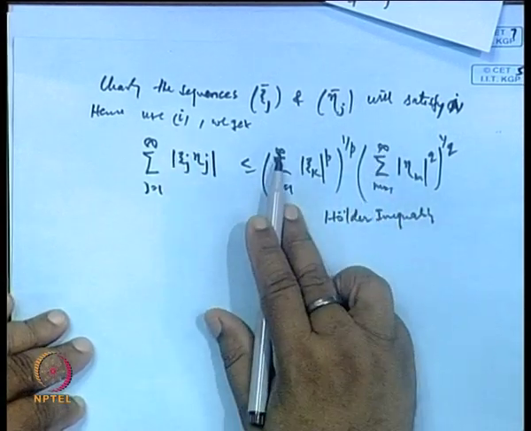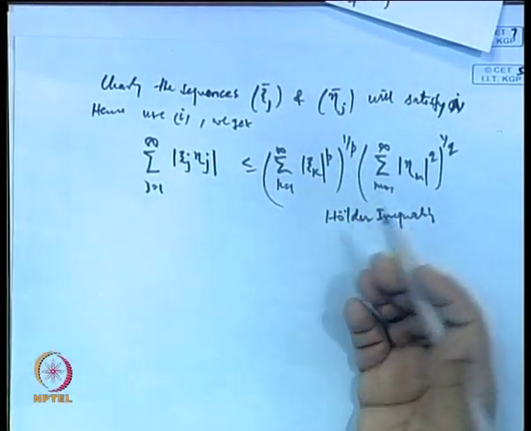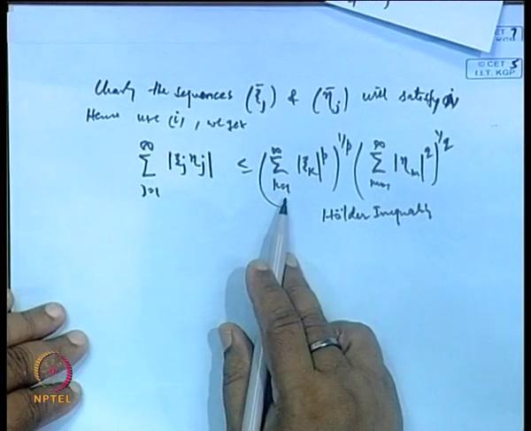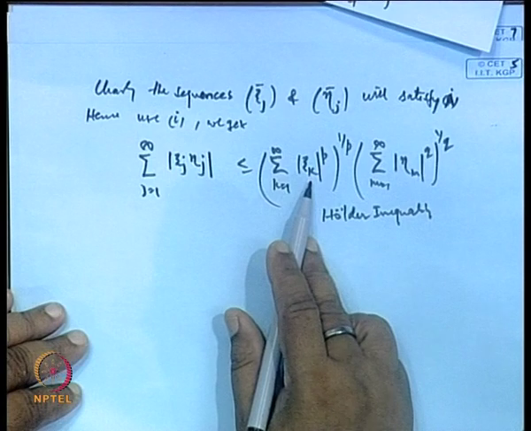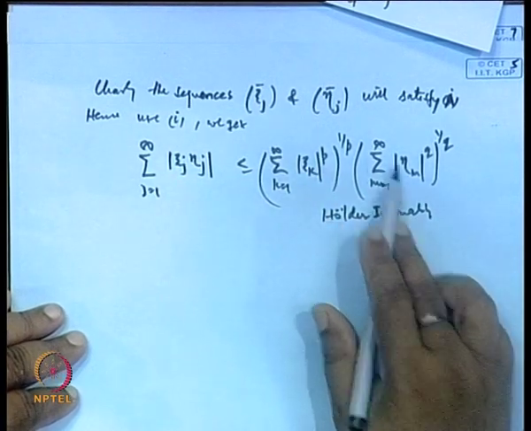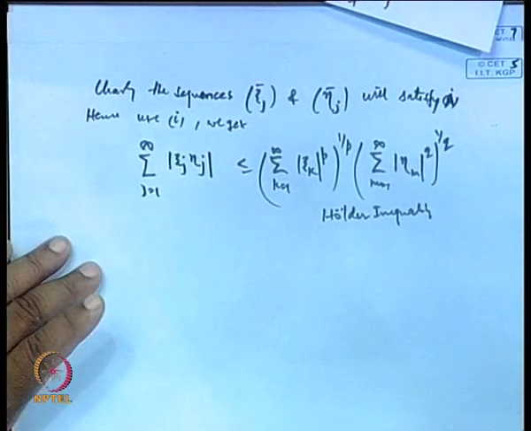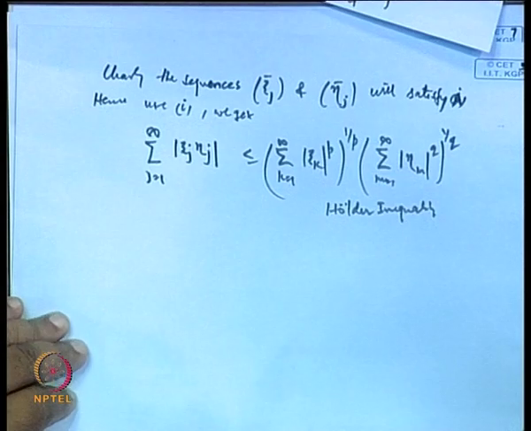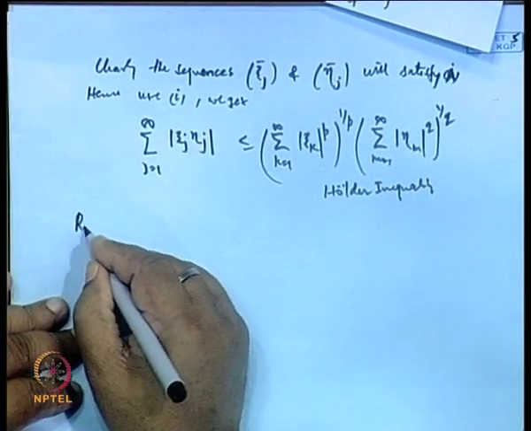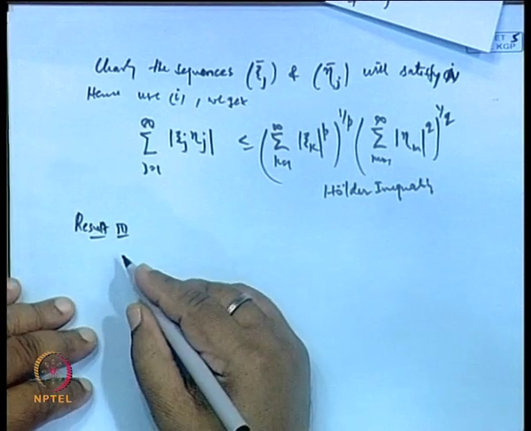So, someone may write also sigma j equal to 1 to infinity mod xi j eta j is less than or equal to sigma j equal to 1 to infinity mod xi j power p, whole power 1 by p, into sigma j equal to 1 to infinity mod eta j power q, whole power 1 by q. Okay. So, that is one, clear. Now, the next result, which is the third, is the Minkowski inequality.